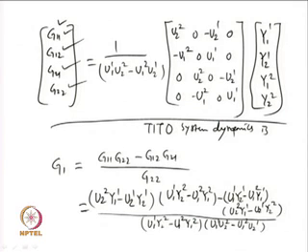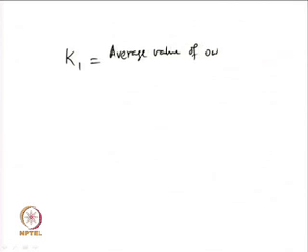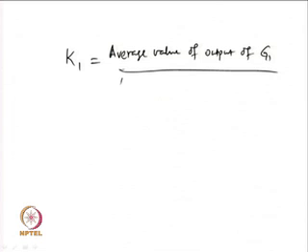Now, how do we find the steady state gains? When I take the average value of this, I get the K. What is that K 1? K 1 is the average value of the output of G 1 upon the average value of the input of G 1.